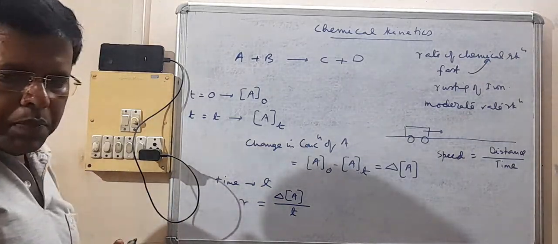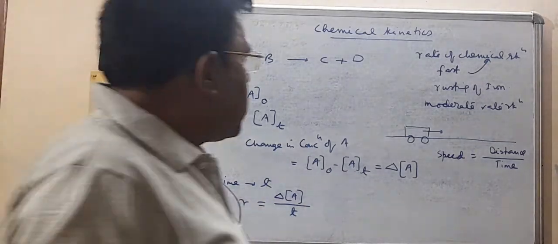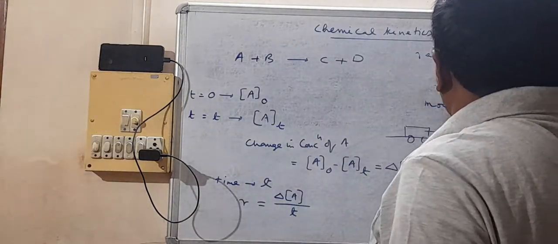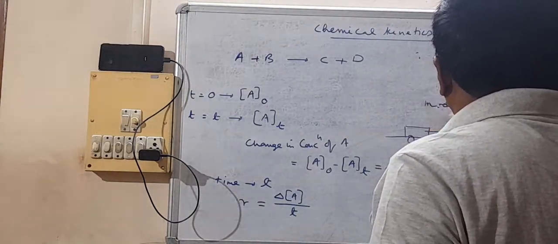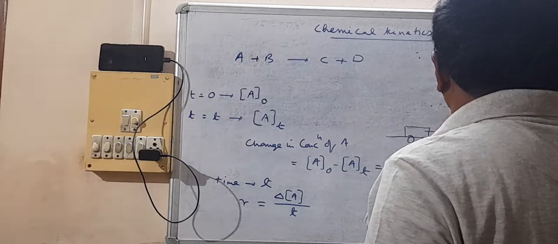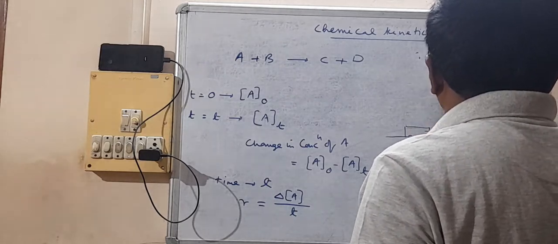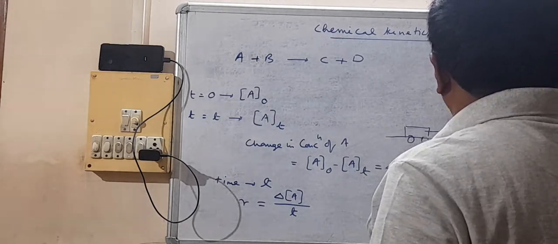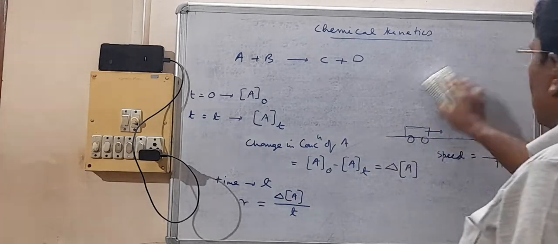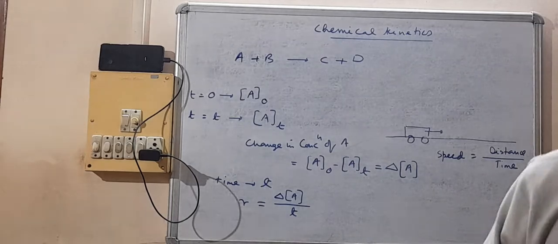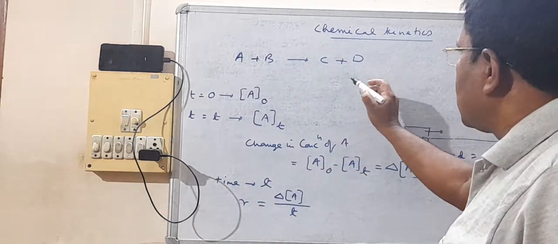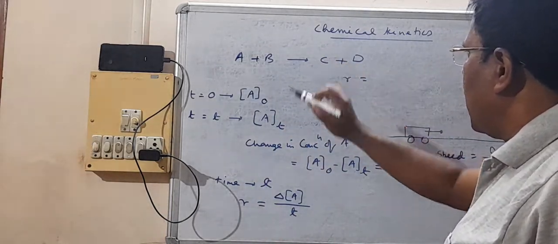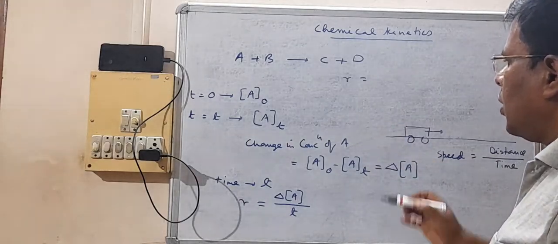So let me write down a general expression. If this is a chemical reaction, we can express the rate of the reaction in this way.